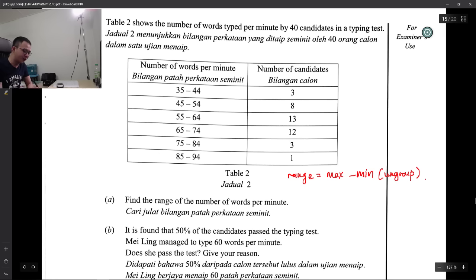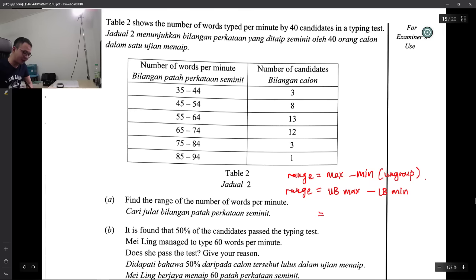If you have the table, to find a range, I will use the upper boundary of the maximum value minus the lower boundary of the minimum value. Yeah, I guess this is how I will do this.